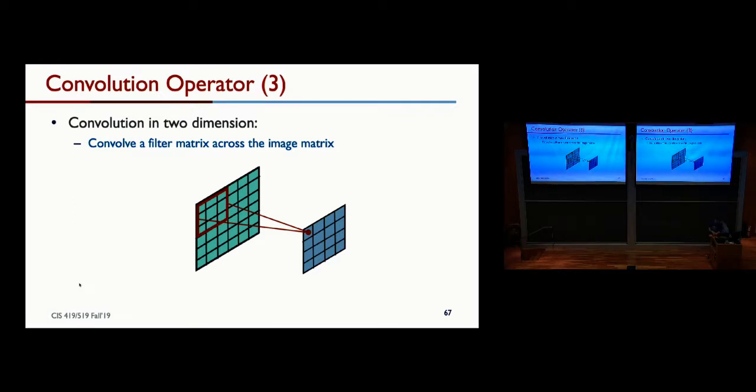Are you just losing the border? Kind of, but you've also used it in some sense. But there are techniques to handle it. Exactly. So the question is, are we losing out on information at the borders? And the answer is yes in this case. But what people usually do is take an image and put some zeros around it, and then start the convolutions outside the image.